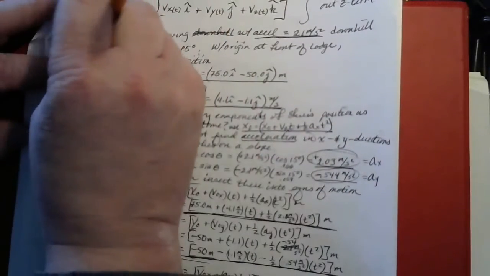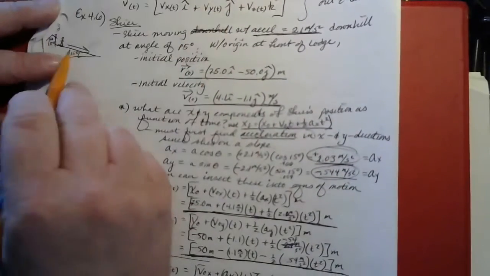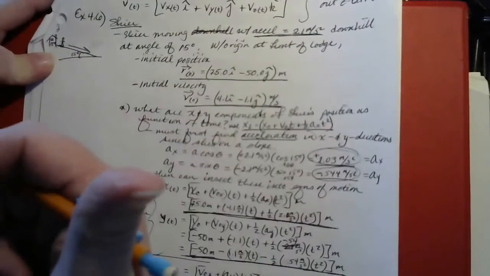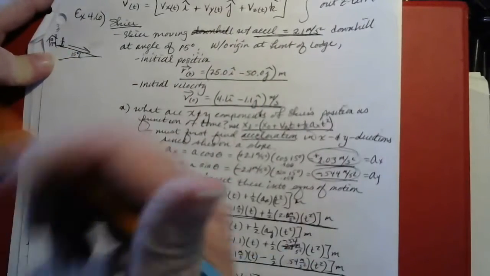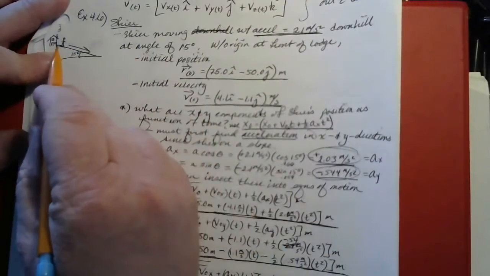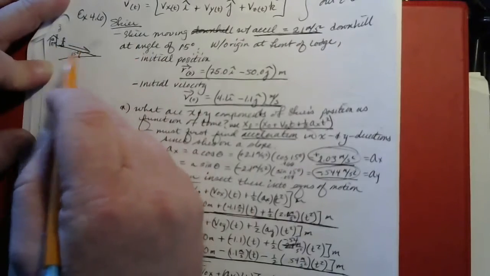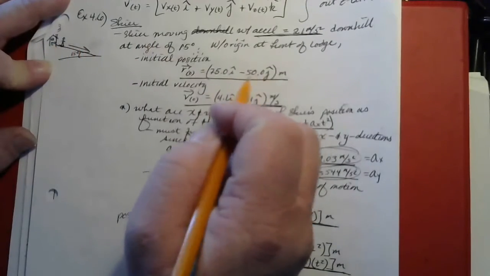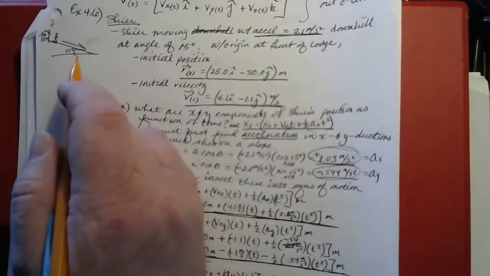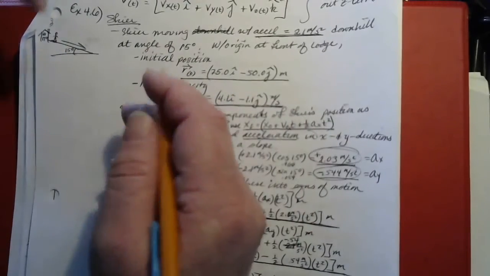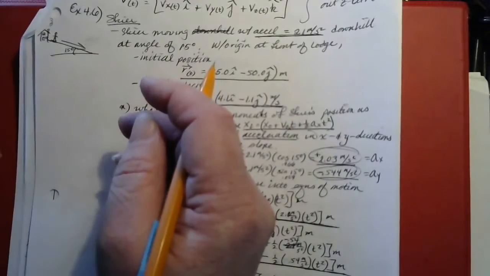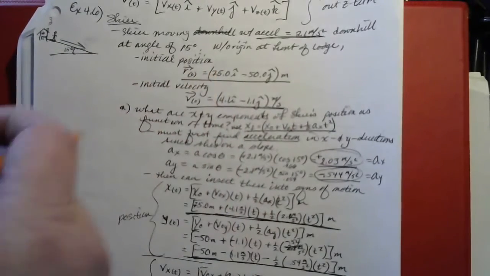And that means that the skier is 75 meters in the positive direction, which we're defining as being to the right, like we usually do. So 75 meters to the right in the x direction from the lodge, and minus 50j. So the skier is actually 50 meters downhill in the y direction from the lodge.